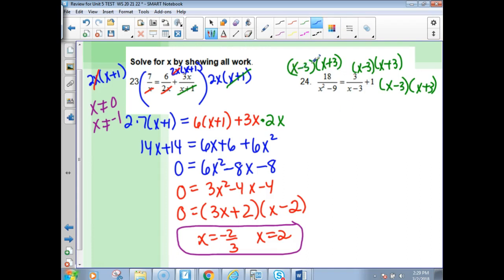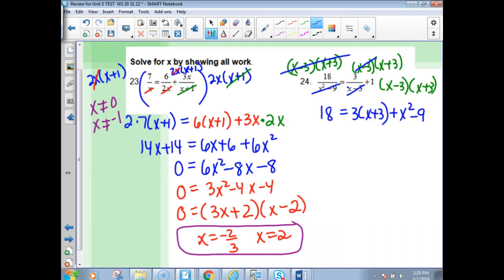So the whole denominator cancels, of course, on the left, giving you 18. The x minus 3 cancels with the x minus 3, so you'll have 3 times x plus 3. And then 1, you got to multiply it times the whole denominator. So instead of writing x minus 3 times x plus 3, what does that actually equal? X squared minus 9.